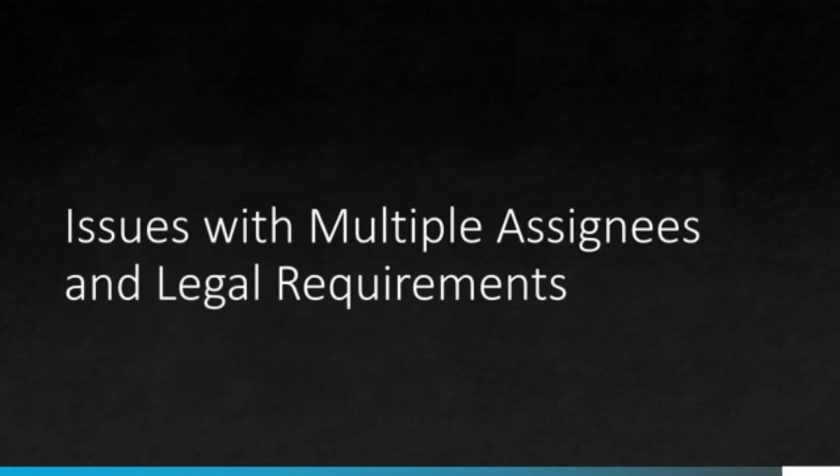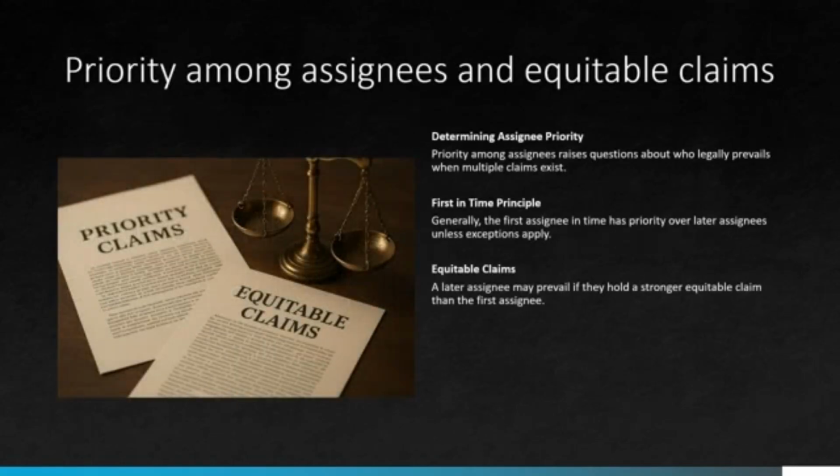So, issues with multiple assignees and legal requirements. When there are multiple assignees, sometimes we can create some confusion as to which one prevails, which one actually has the assignment. The usual rules are the first in time, again, kind of like in real estate, unless a later signing has a greater equitable claim.